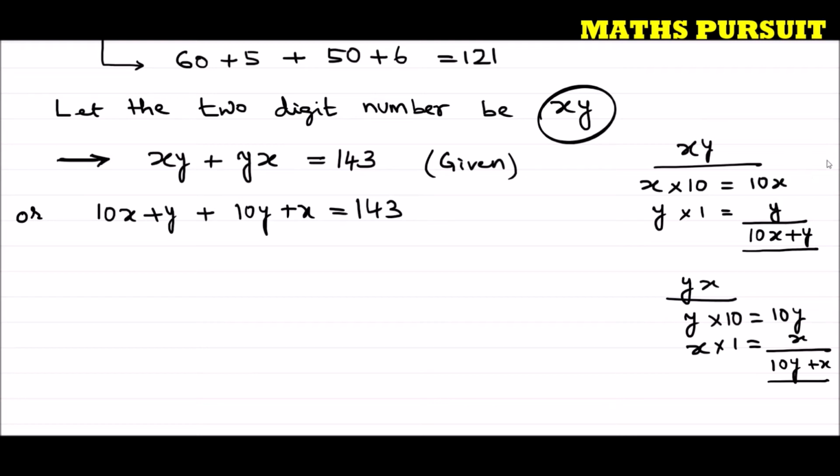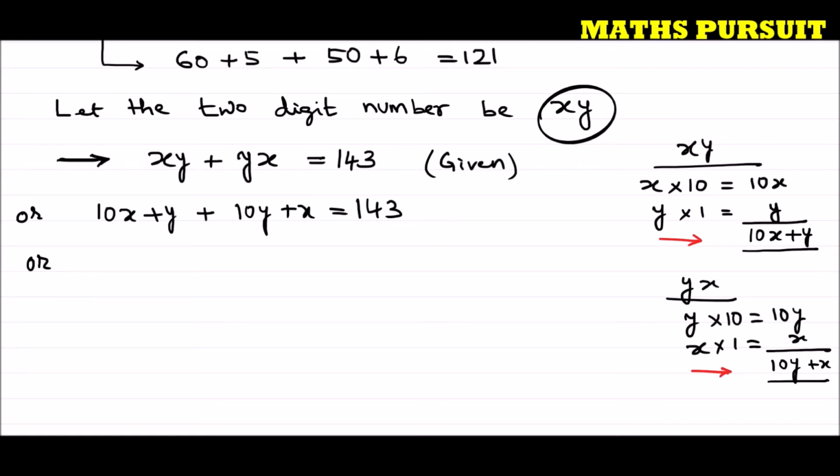I am getting all these things from this line item and from this line item. So we got 10x plus y plus 10y plus x is equal to 143.